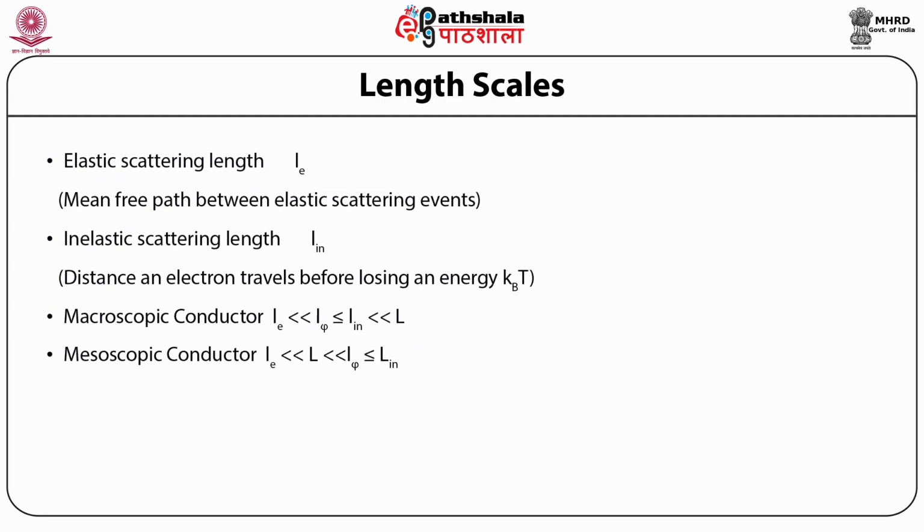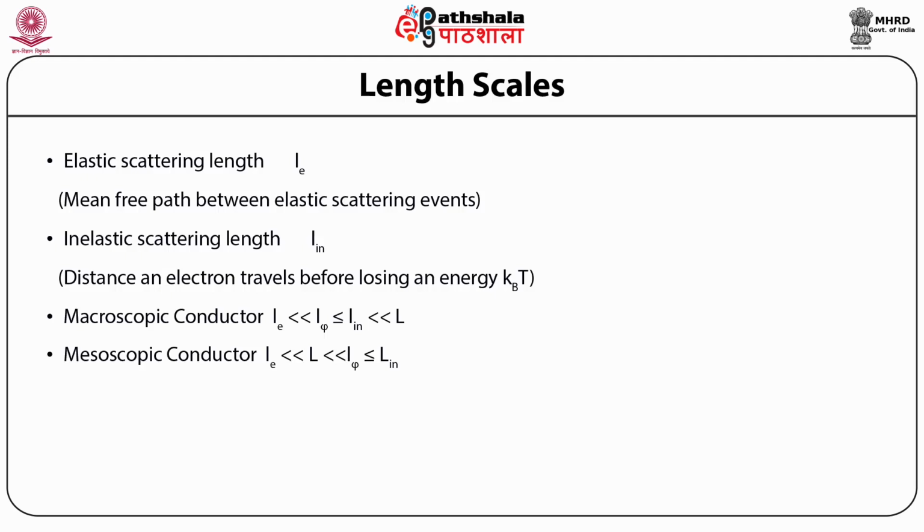Le is the elastic scattering length, that means the mean free path between elastic scattering events. Lin is the inelastic scattering length, the distance an electron travels before losing an energy kT.